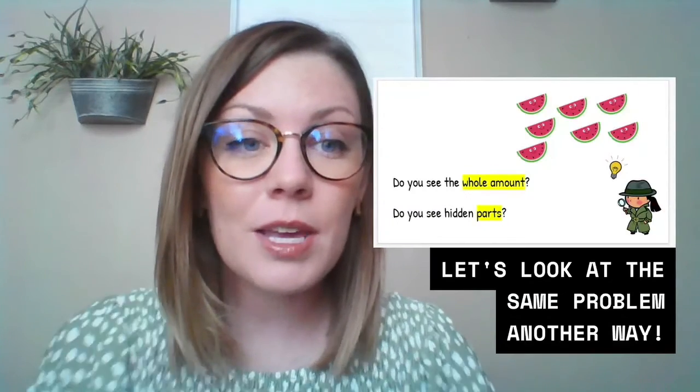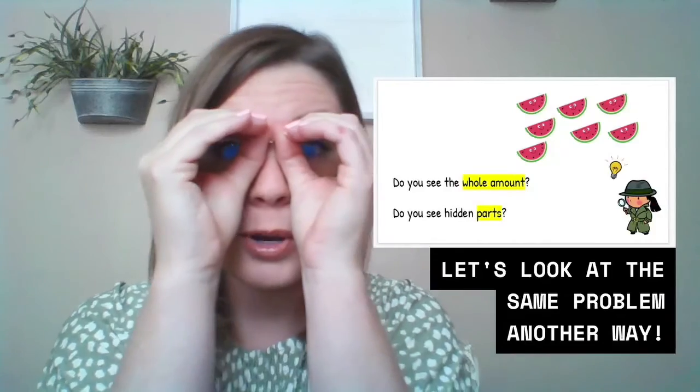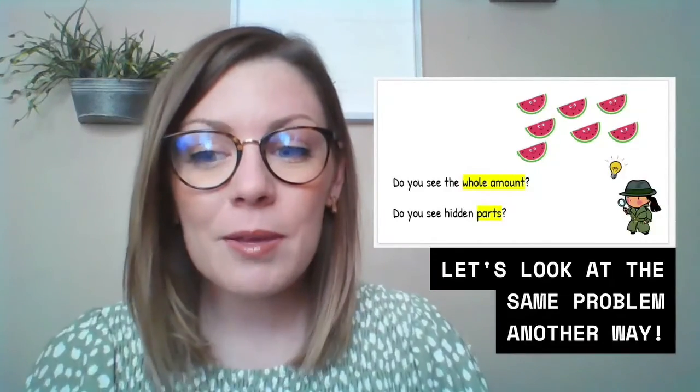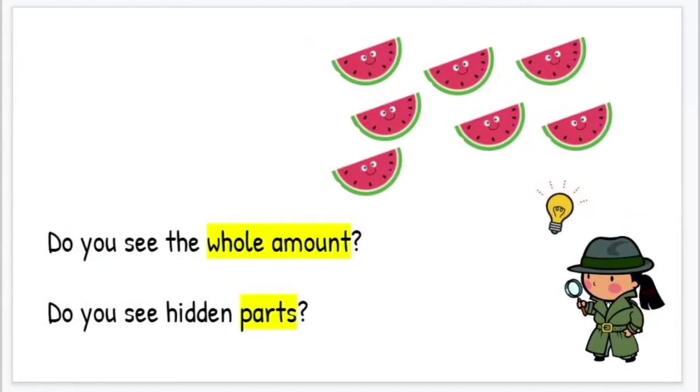So we're going to see if we can find a different set of hidden parts. Okay, maybe you have already found another way to group these watermelon slices into circles with different hidden parts. We're being number detectives.